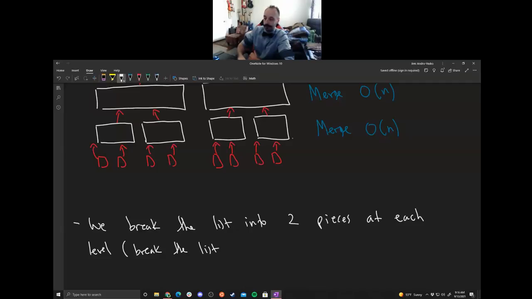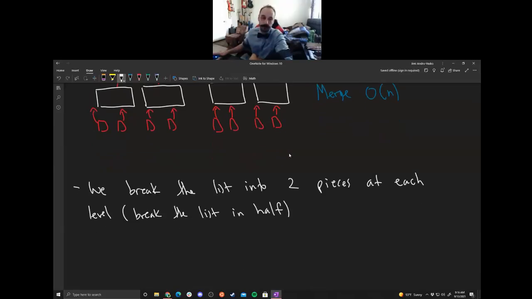So break the list in half, basically. So we have these two lists of both size n over 2 every single time. So with this behavior, we will have exactly log base 2 of n amount of levels.